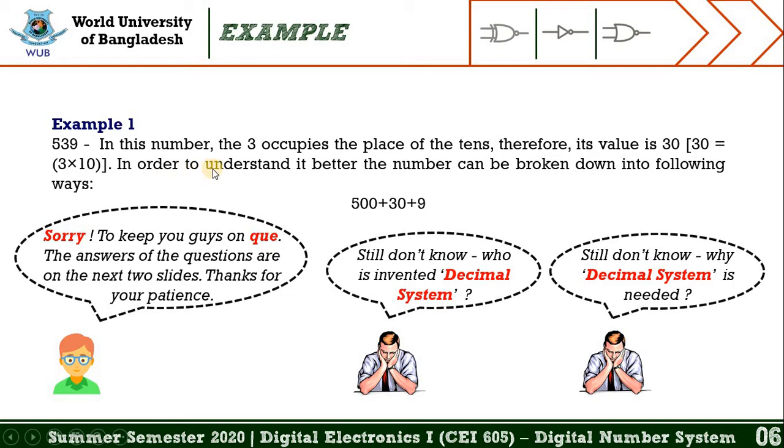In order to understand it better, the number can be broken down in the following way: 500 plus 30 plus 9. 9 is on the single position, 30 is the tens position of the total number, and 500 is the hundreds position of the number. So we need to move into the next slide.